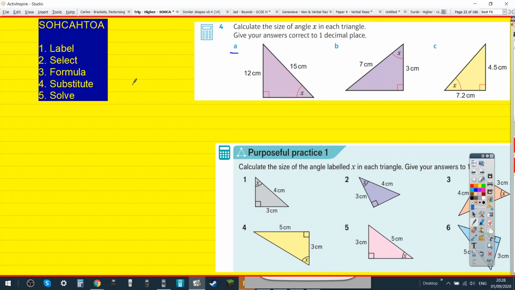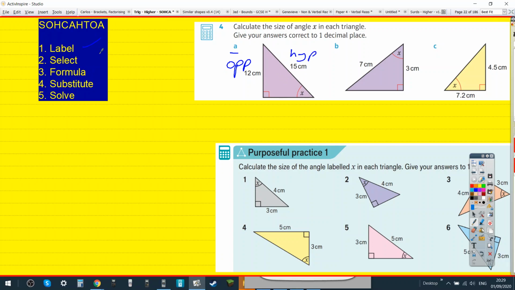So 12 and 15, what are those sides? 12 is opposite. And 15 is the hypotenuse.